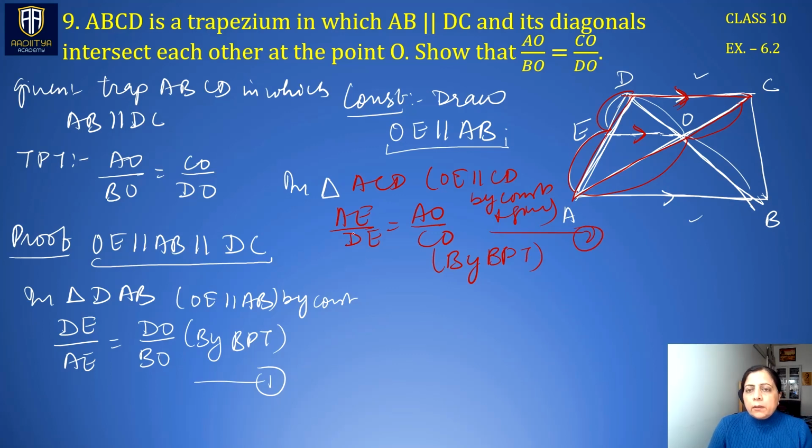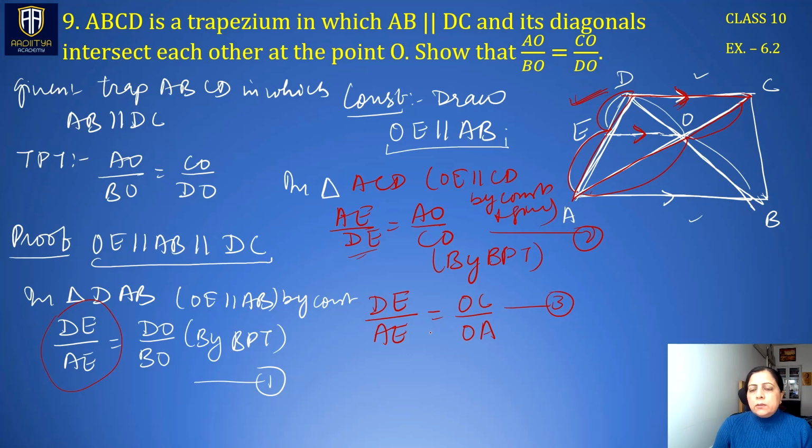Now see one thing. Here this side is common to both the triangles, whether it is triangle ABD or ACD. Here the ratio is in the form DE over AE, but there it is AE over DE. So let us take the reciprocal on both sides: DE over AE is equal to OC over OA.